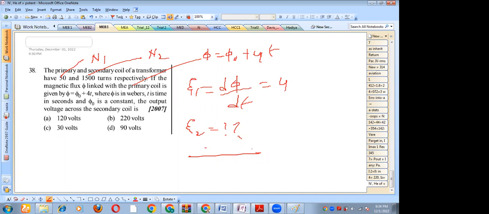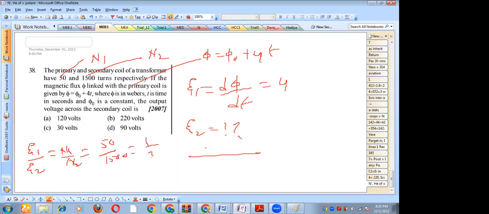Any answer? We can write like this: E1 by E2 will be equal to N1 by N2, and N1 is 50 and N2 is 1500.